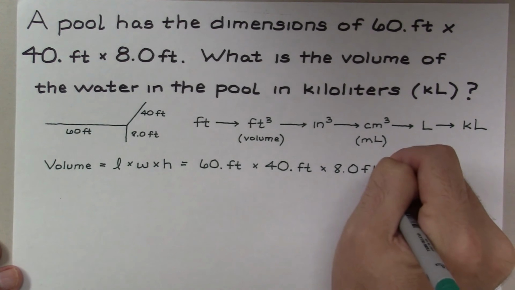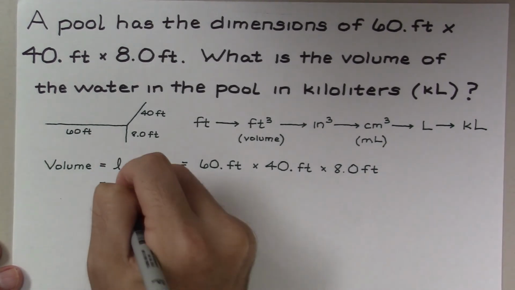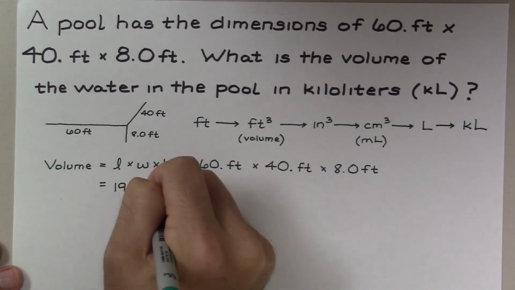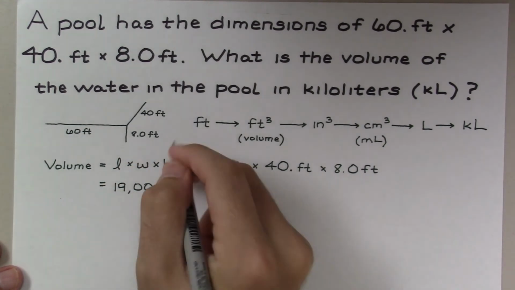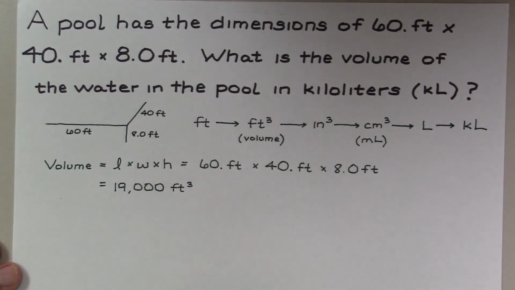Notice that I have two significant digits in every number, so therefore my answer must have two significant digits, which is 19,000 feet cubed. This is a good volume, and we will now be able to start our conversion.